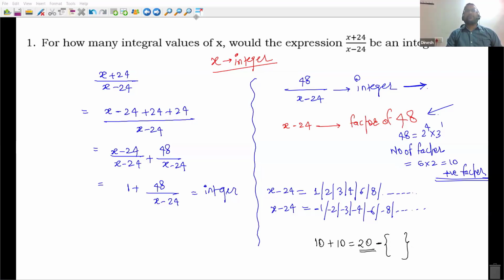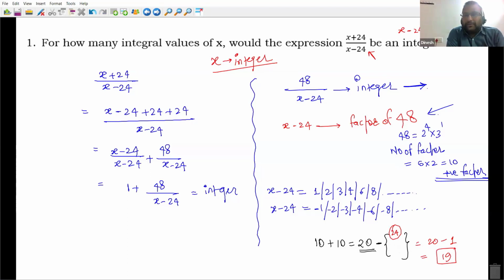Whenever there is a fraction, make sure the denominator cannot be equal to 0, everyone. Are we getting this? 24 is one of the factors counted in this 20 that we need to exclude.